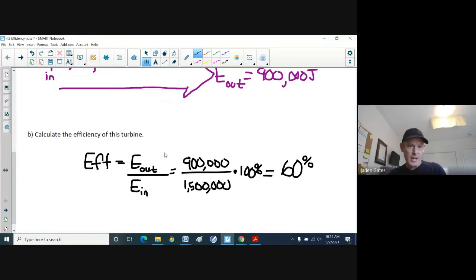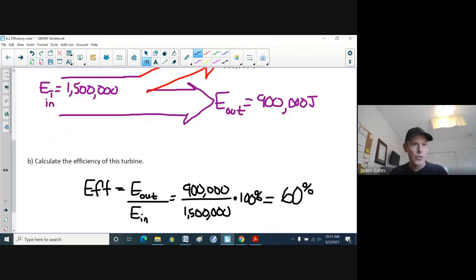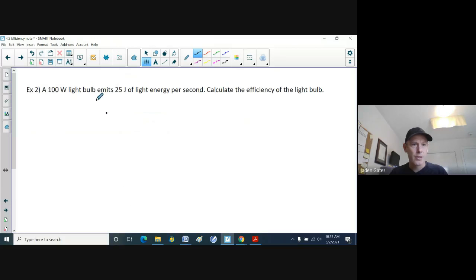All right, let's try another one of those. Try something a little different here. A 100-watt light bulb, so we're getting into power here, emits 25 joules of light energy per second. Calculate the efficiency of the light bulb. Okay, this is a little bit tougher. One thing we know is that the power of this light bulb is 100 watts.